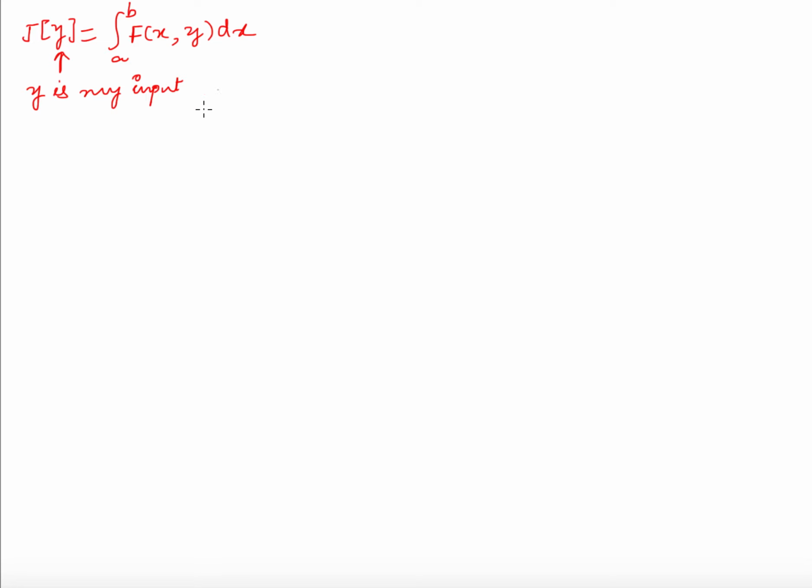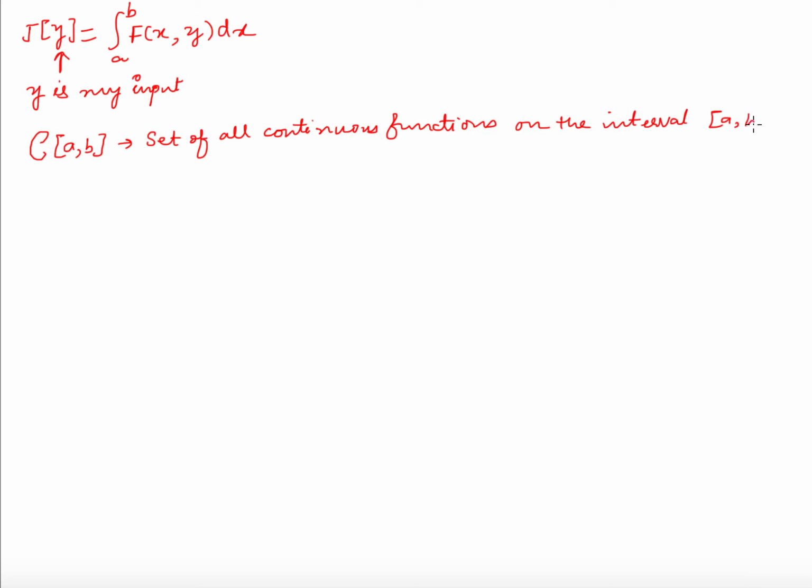So I'm looking for continuous y for this. If I'm dealing with this particular functional, I want to look at a class of functions which are continuous on this interval [a, b], right? So I'll denote it like this, C[a, b]. This is the set of all continuous functions on the closed interval a to b, right? So this is my set.